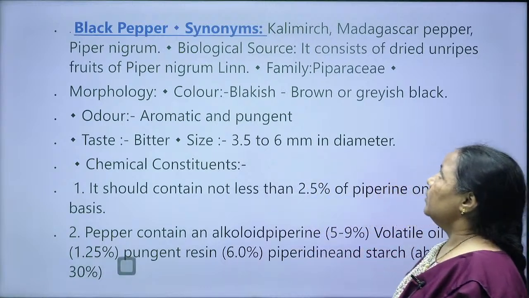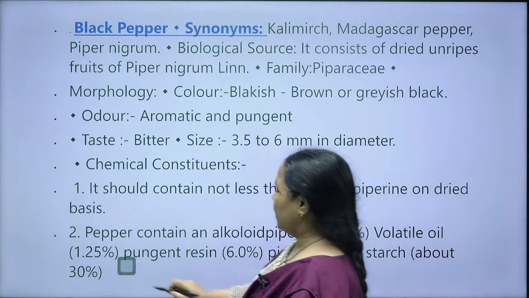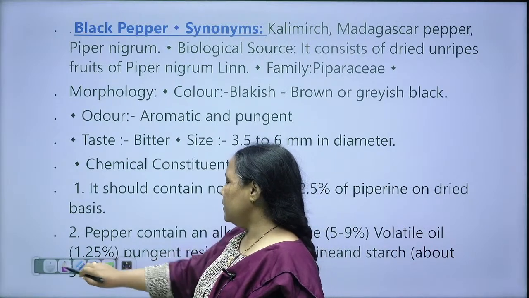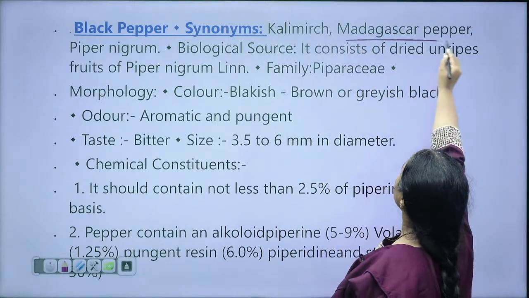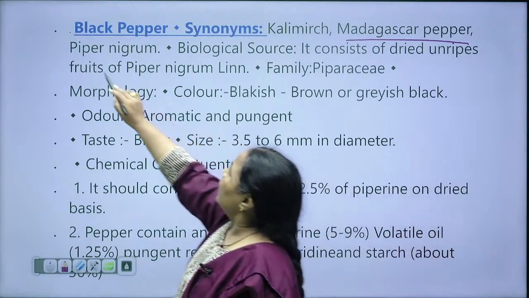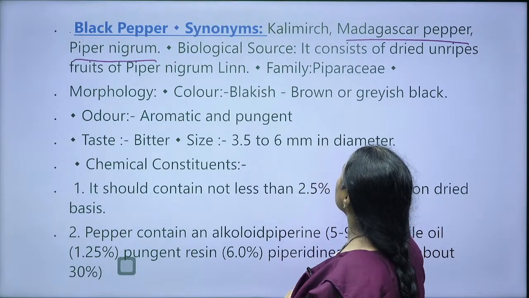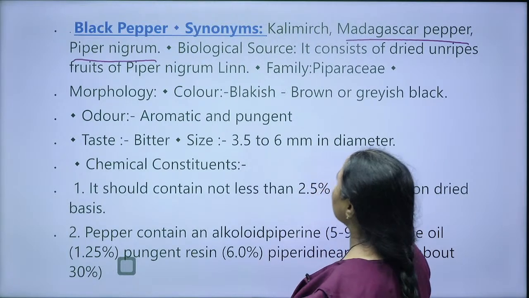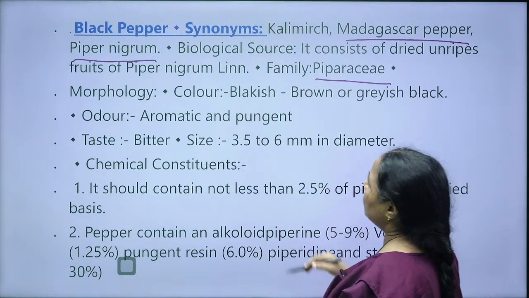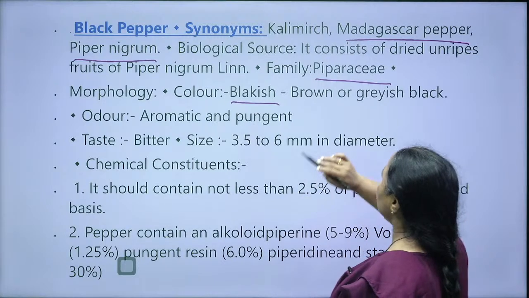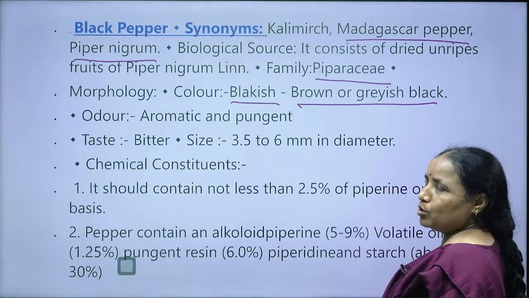The black pepper, the other synonyms for black pepper are kali mirch. Kali mirch means black, and Madagascar pepper. It is obtained from the Piper nigrum plant, and the biological source consists of the dried unripe fruits of Piper nigrum Linn belonging to the family Piperaceae. The black pepper will be blackish in color, or in some cases brown or greyish black if it is not ripened.